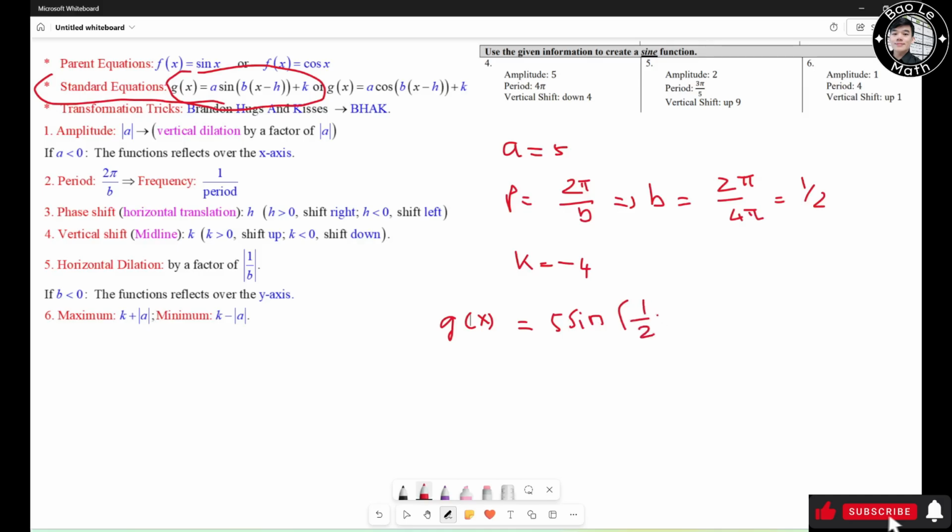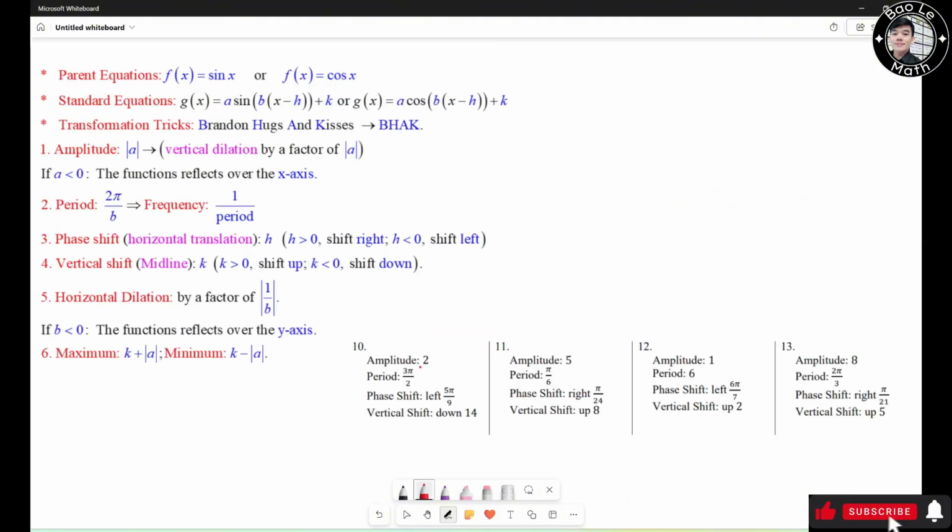So times s, or you can put s over 2, right? Now there is no phase shift, so you don't have to worry about the h value. Plus k, right? But k is -4, right? So it could be -4.